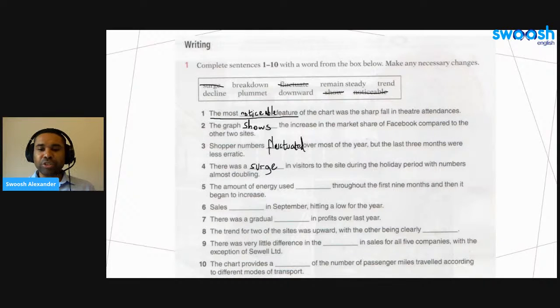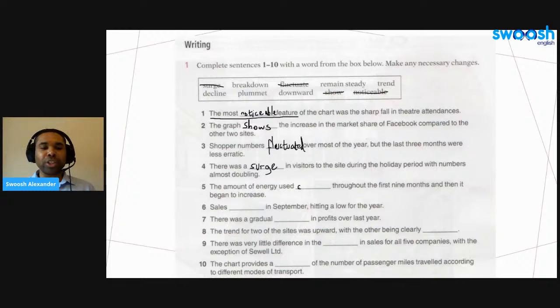Declined, says Jayshree. Yvette says remain steady. So remained steady. Both are possible in this case.